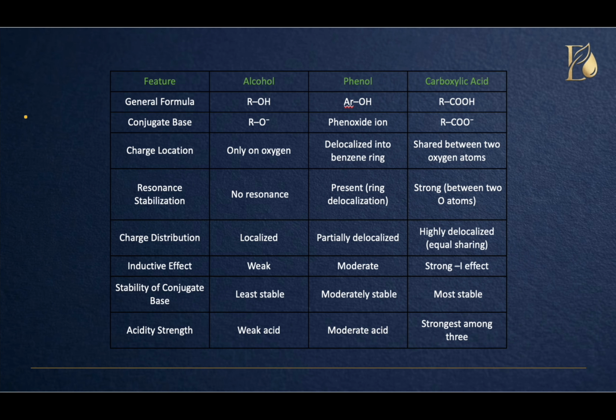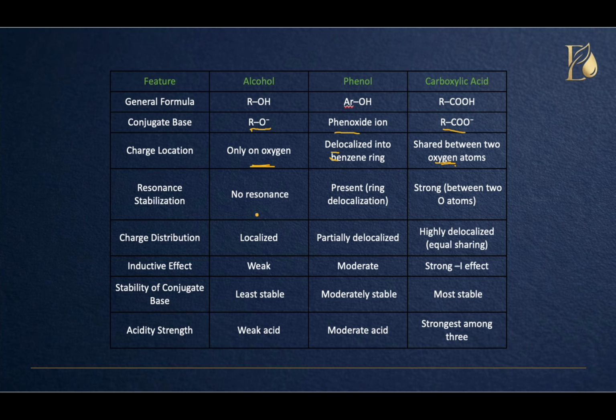Now we can compare all these three compounds. What are the conjugate bases? Alcohol gives the alkoxide ion, phenol gives the phenoxide ion, and carboxylic acid gives the carboxylate anion. The charge is located only on the oxygen atom in alcohols, while in phenols it is delocalized into the benzene ring, but in carboxylic acids it is shared between two oxygen atoms.